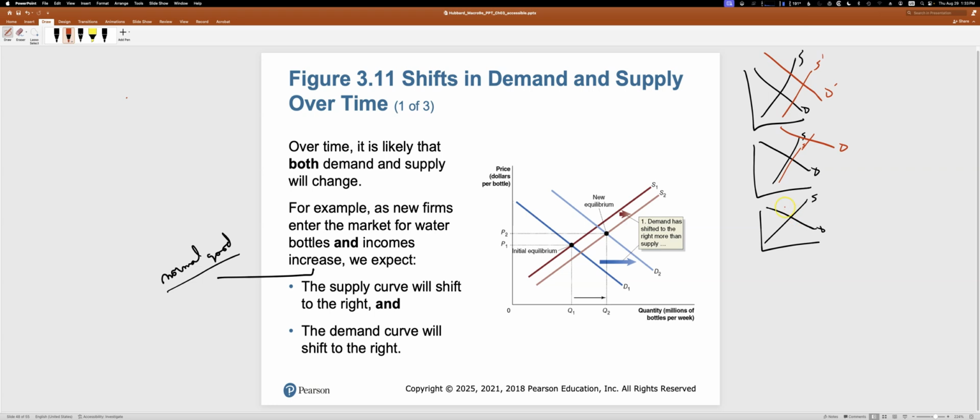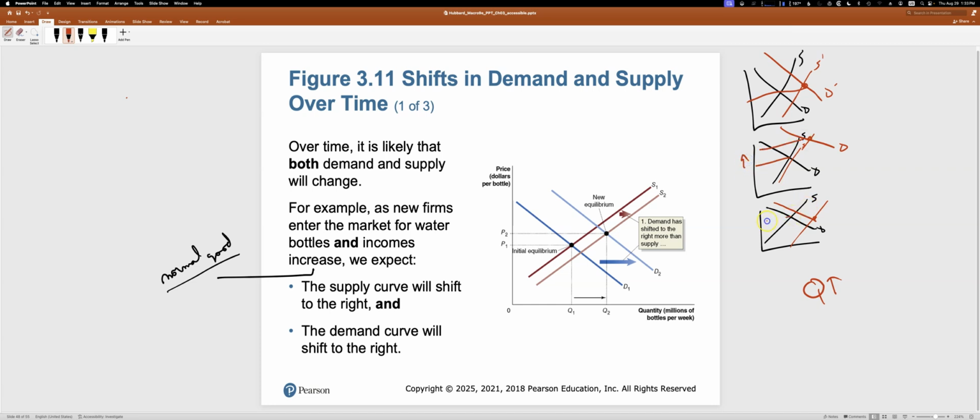And then let's have one where demand is shifting less than supply. In all three scenarios that I've drawn here, quantity has increased, right? The old equilibrium quantity is less than the new equilibrium quantity. But depending on the magnitude of the shift of the two curves, in this case my equilibrium price stayed the same. In this scenario, my equilibrium price went up.